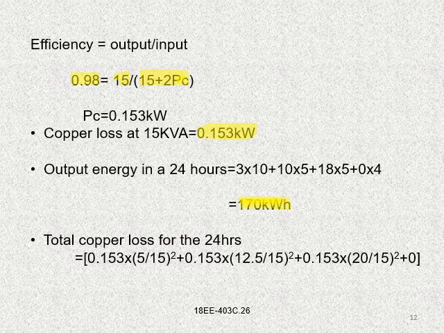And the total copper losses for 24 hours is equal to 0.153 into (5 by 15) square, the actual kVA by full load kVA, plus 0.153 into (12.5 by 15) square for the second load. For the third load it is (20 by 15) square, and for the last it is 0. 0 by anything square is 0, so 0 into 0.153 is also 0.